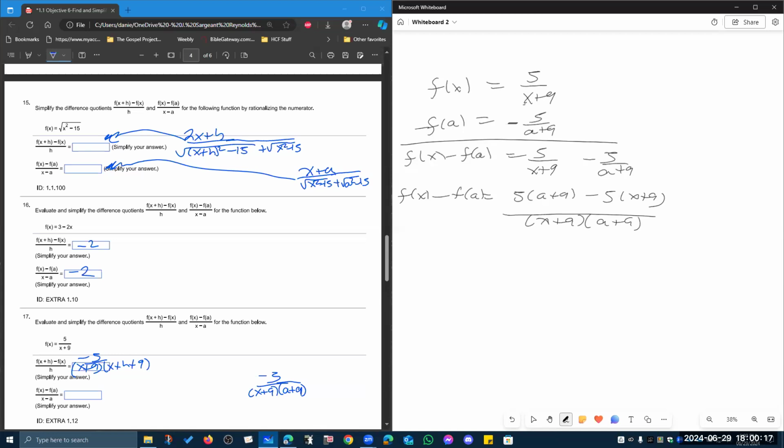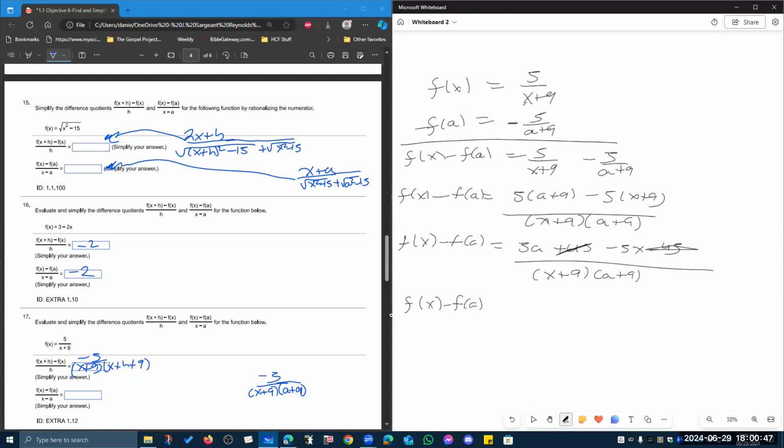F of x minus f of a is 5a plus 45 minus 5x minus 45 over x plus 9, a plus 9, and 45 minus 45 will zero out.